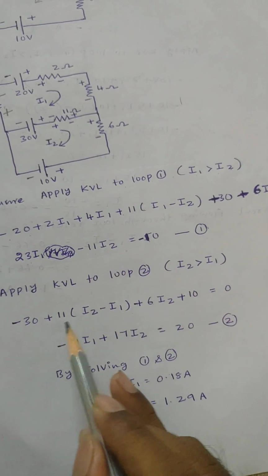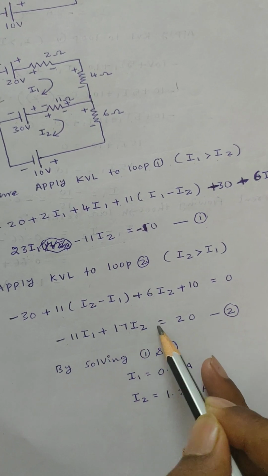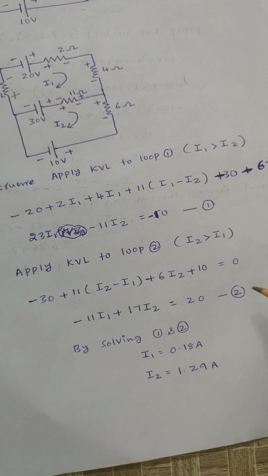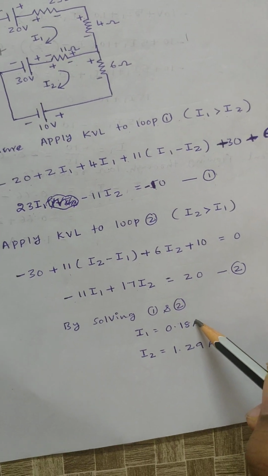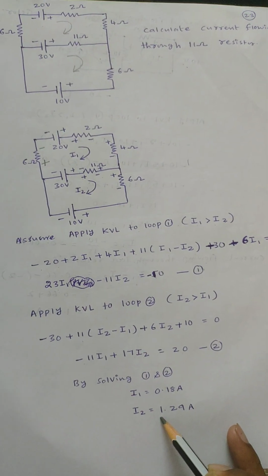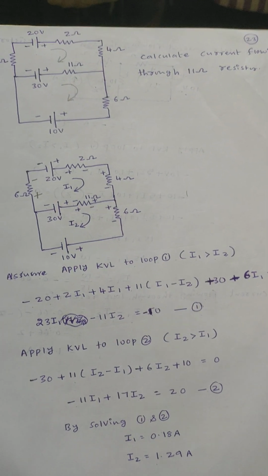First write the I1 terms: minus 11I1 plus 17I2 is equal to 20. By solving equations 1 and 2, you will get the I1 value as 0.18 and the I2 value as 1.29 amperes. In this way you can calculate problems on mesh analysis. Thank you all.